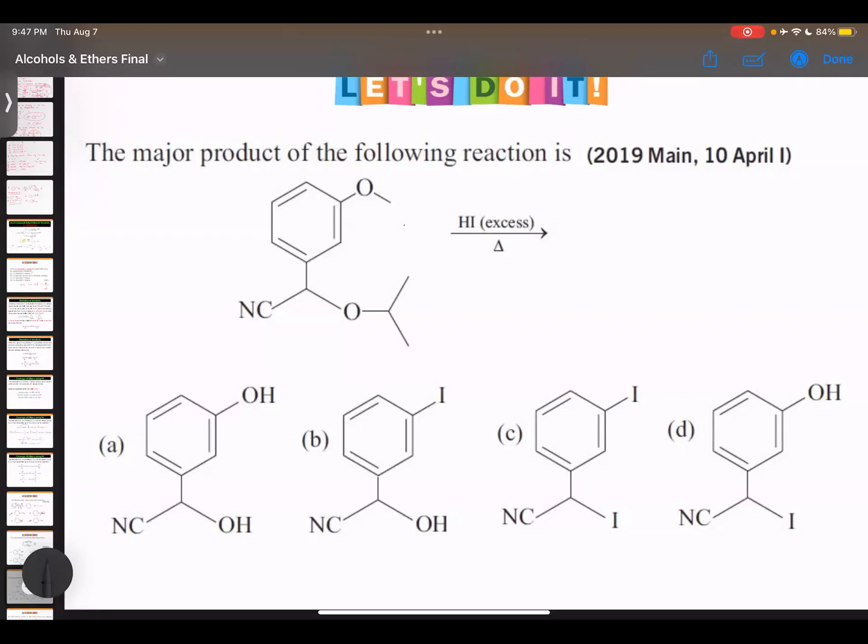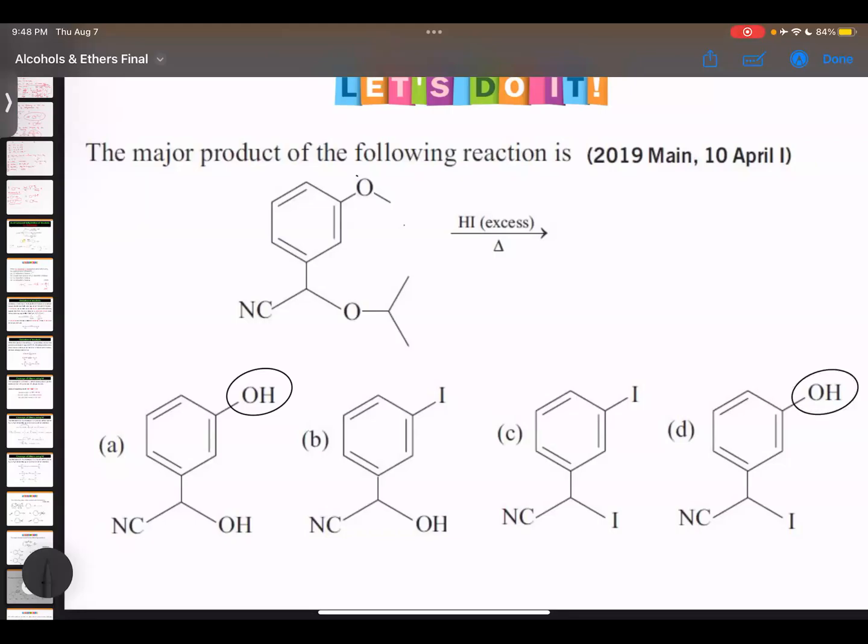So again, I'm not going to break the bond between the oxygen and the benzene, which is directly linked to oxygen. And based on that, I select two options. Okay, this one and this one.